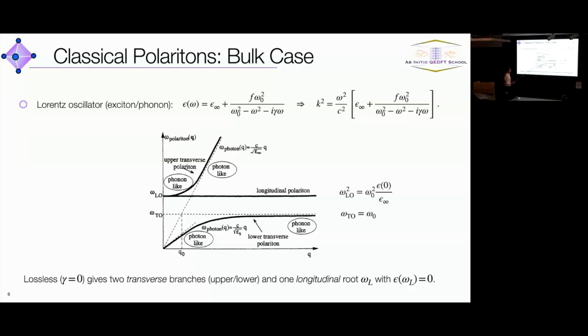And you can notice that these branches are reaching two asymptotes. So the lower branch reaches the asymptote which is set by the frequency of the TO mode. And the upper branch reaches the asymptote of the free photon line for high momenta. And it goes to the frequency of what we call the LO mode.